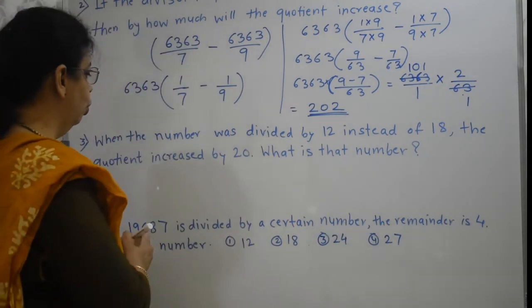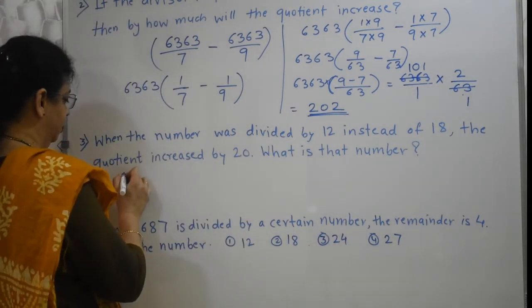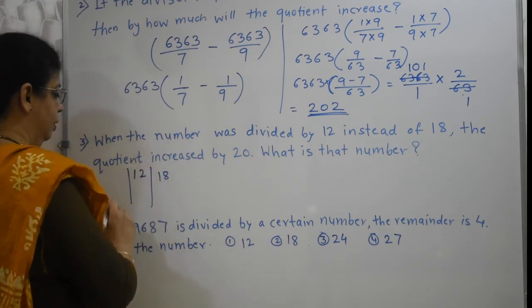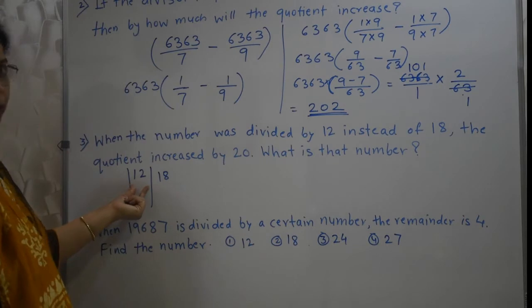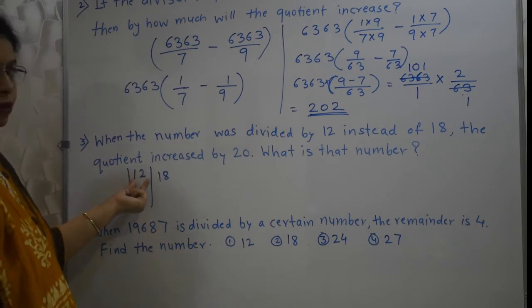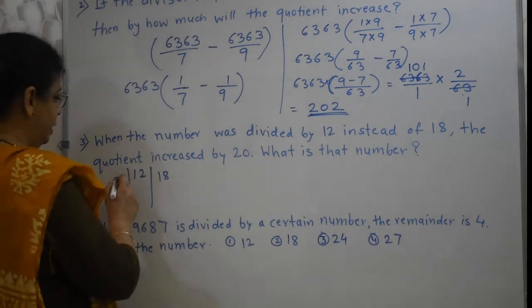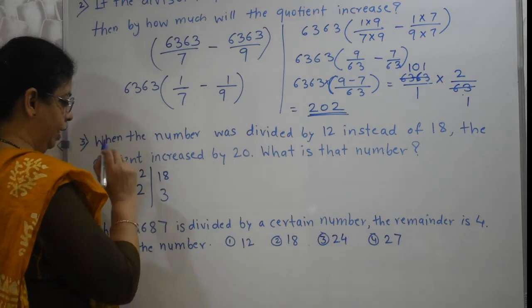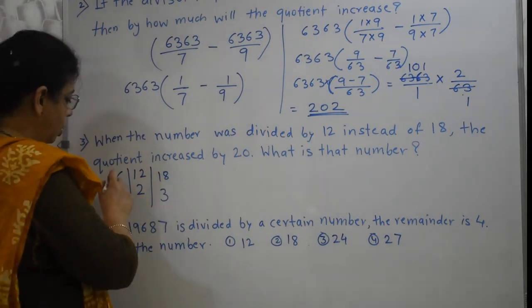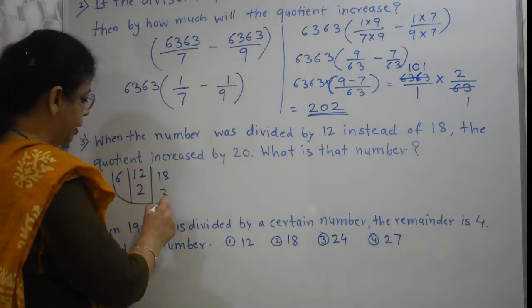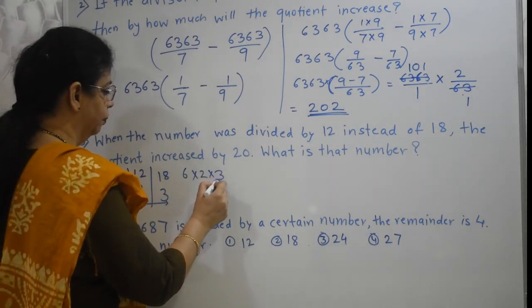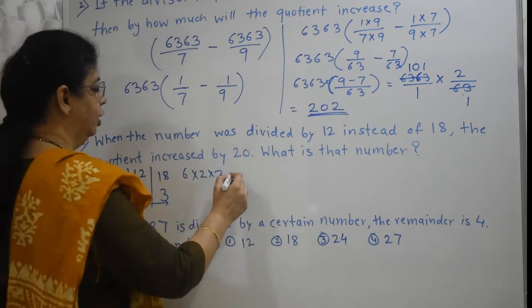Then what should you do? Find the LCM of 12 and 18. How can you do that? Find the number which is a common factor of both. 6, yes, 6 is common. 6 2s are 12 and 6 3s are 18. Then multiply all the outside numbers, that is 6 into 2 into 3, that is 36.